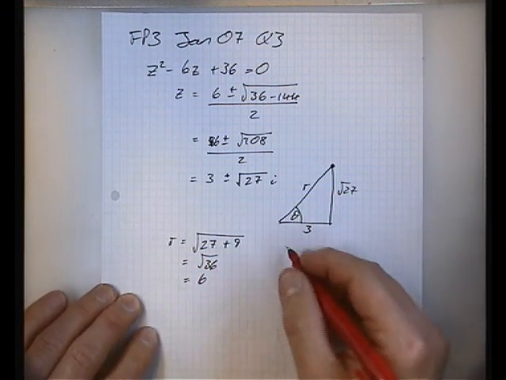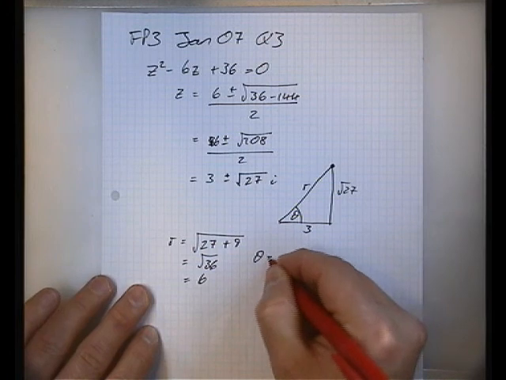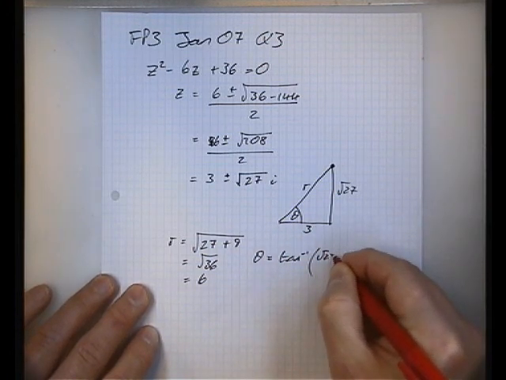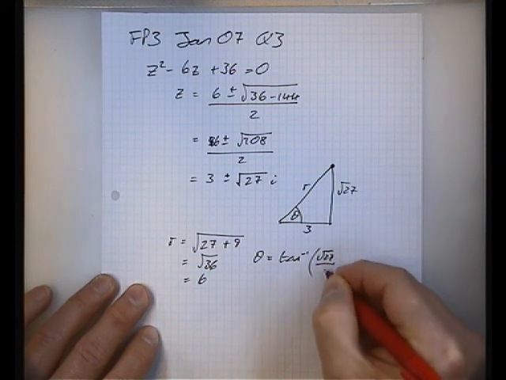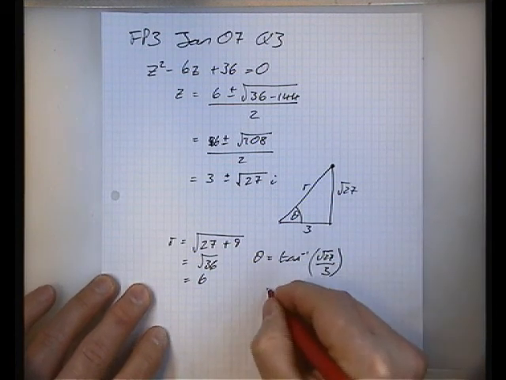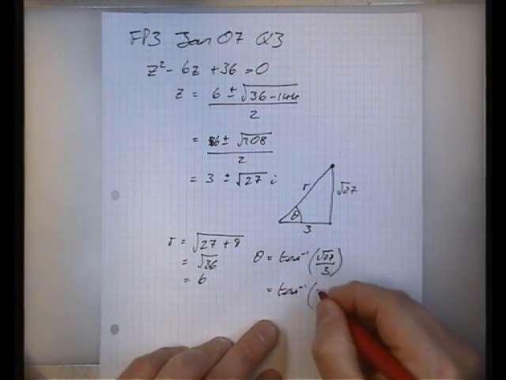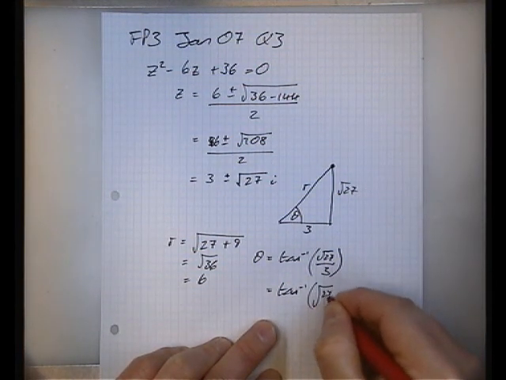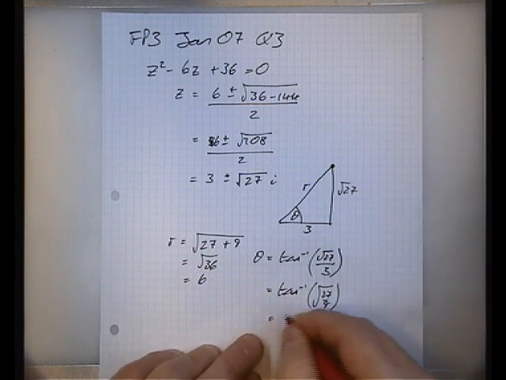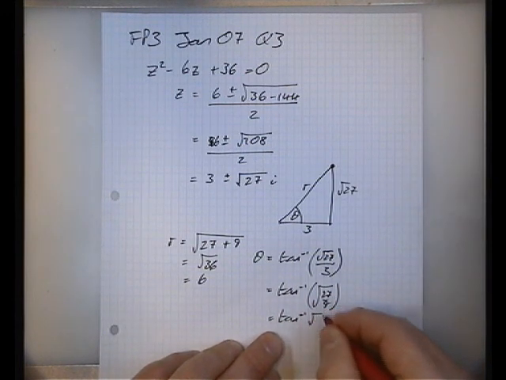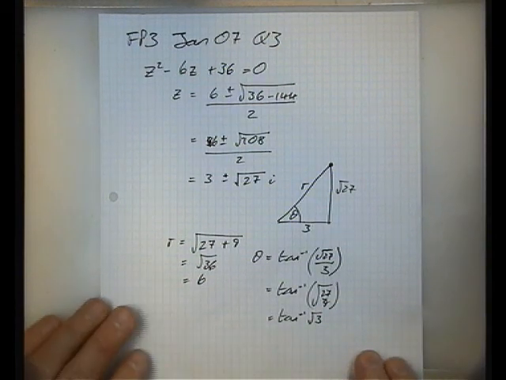Now, the argument, theta, is going to equal tan to the minus 1 of root 27 over 3. Now that simplifies down to tan to the minus 1 of square root of 27 over 9, which equals tan to the minus 1 of root 3.